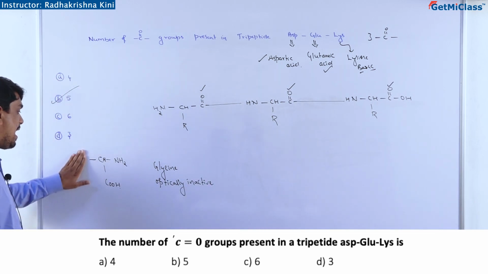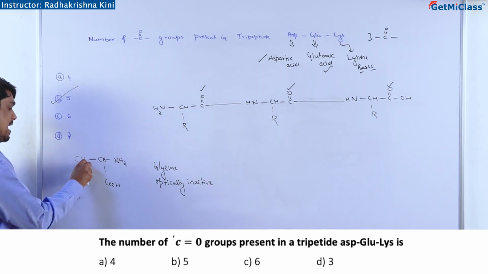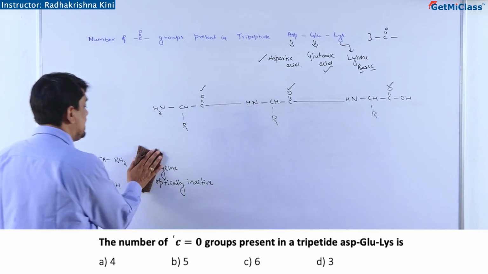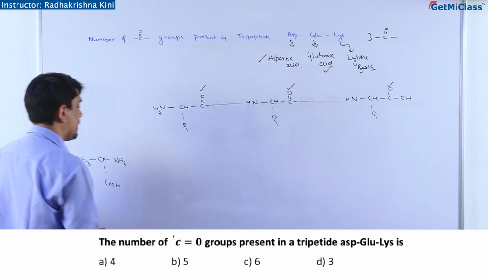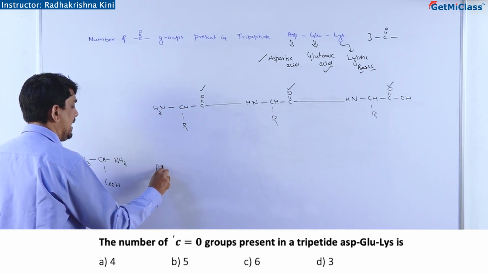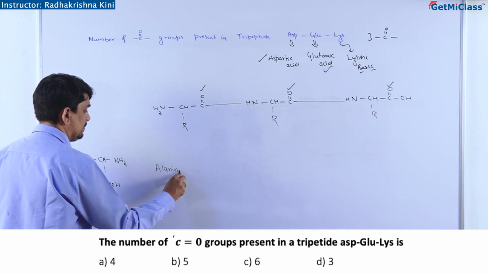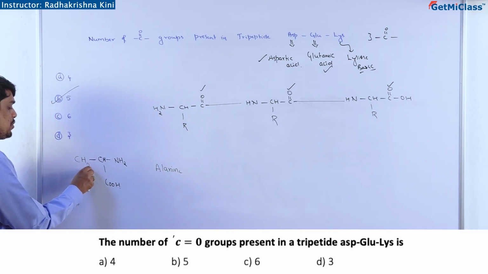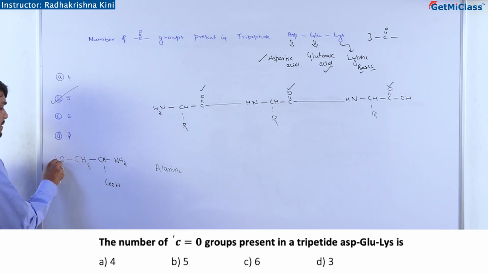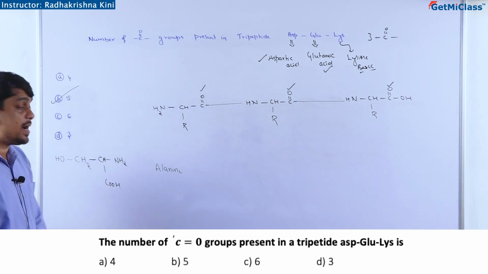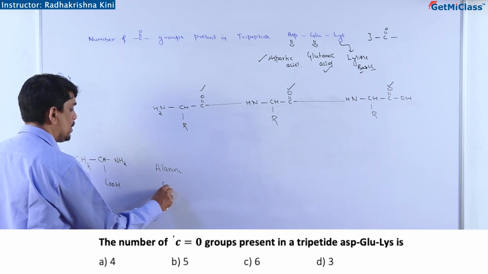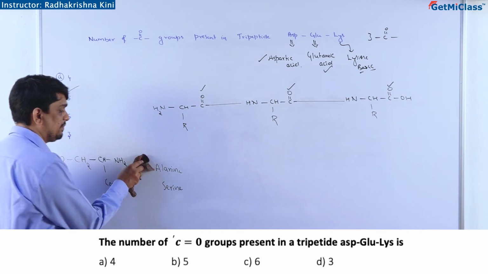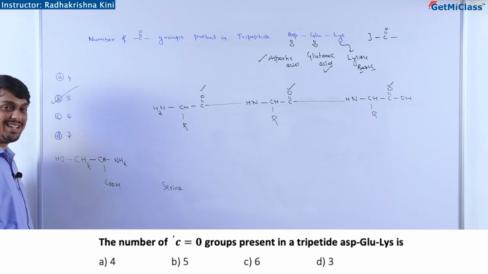Now you replace R by a methyl group, so glycine becomes alanine. Remove one H and in the place of that H you write OH. It becomes serine.